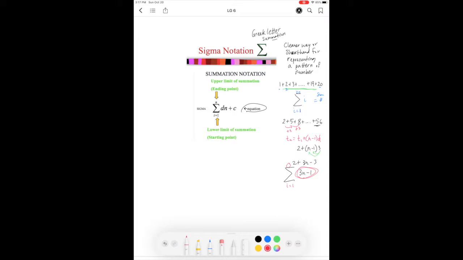So this formula stuff is stuff that we already did. So there is what it all looks like. The n at the top is the ending point, what number I'm getting to. This is where I start at, so that's called the upper limit, the lower limit, and this is the equation.